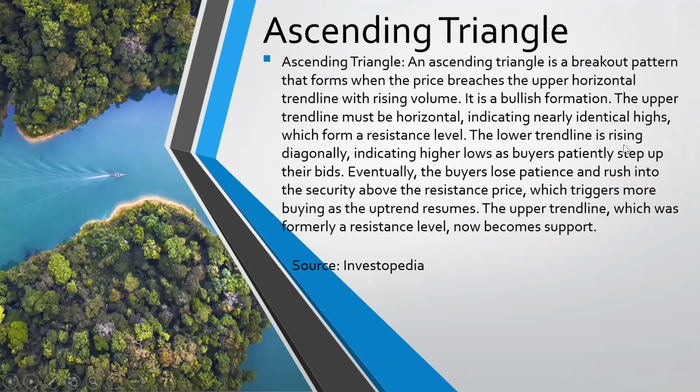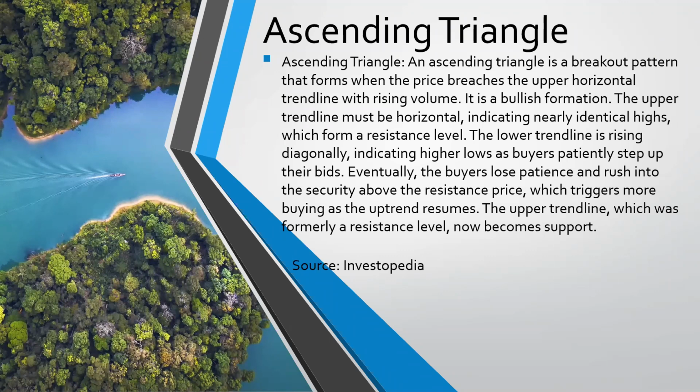So the lower trend line is rising diagonally, indicating higher lows as buyers patiently step up their bids. Eventually, the buyers jump in around the resistance level, which triggers more volume, which is more buying. And that's how it becomes an uptrend. The uptrend basically resumes.